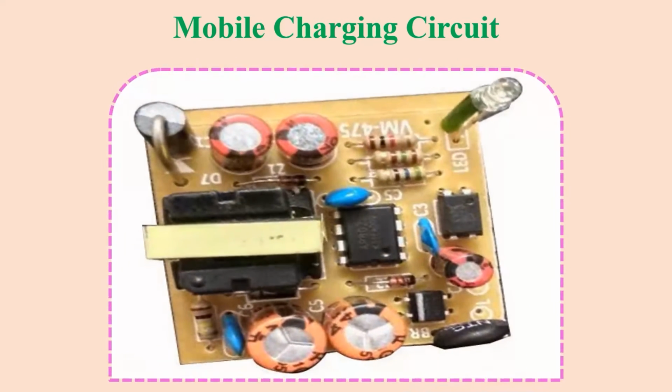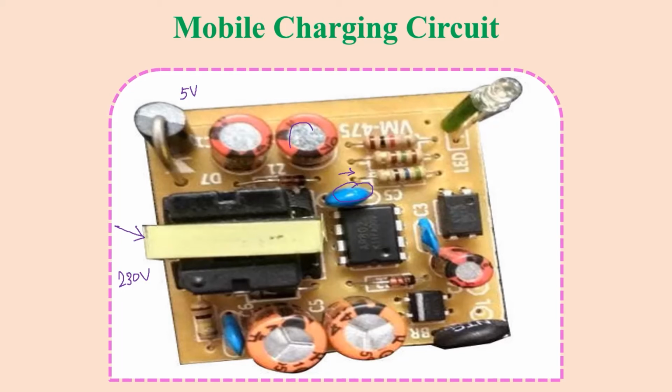Now we'll see the mobile charging circuit. Here you can see this is the mobile charging circuit. In this is a transformer. When we give 230 volts, if it is a 5 volt charger, it will convert this to 5 volts. Okay, after converting it, it will use this resistor, this is capacitor.